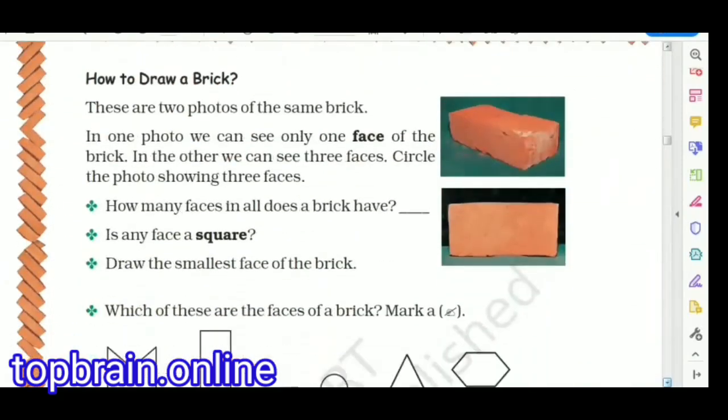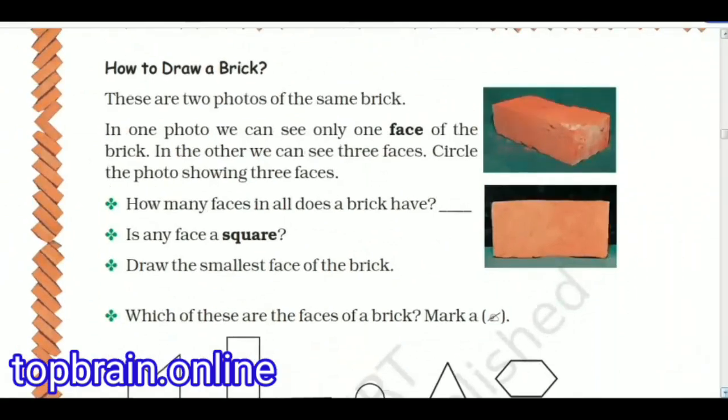Now come to this page. How to draw a brick? As we know, a brick is in the form of a cuboid. Now I am showing you how to draw a brick with the help of a rectangle.